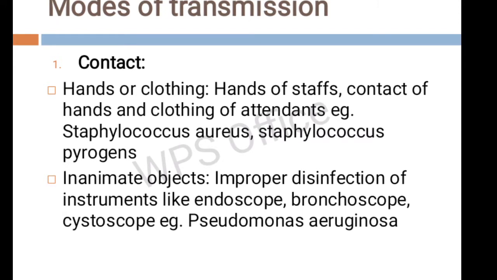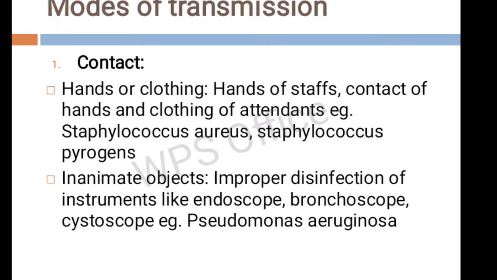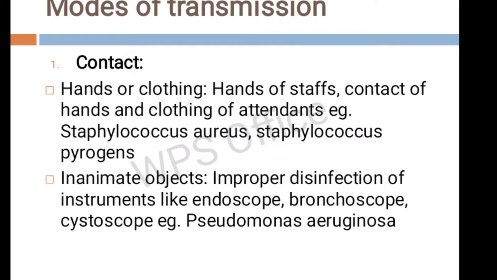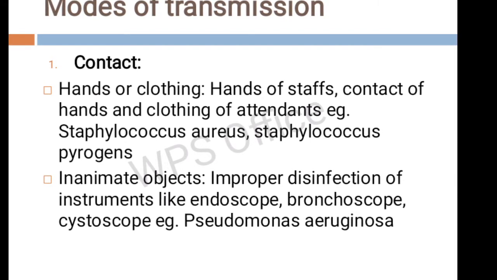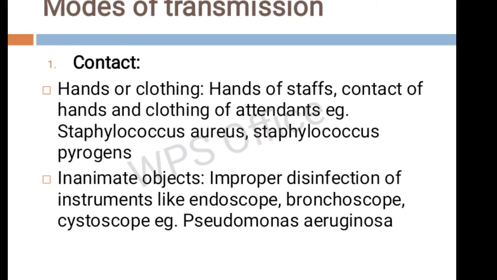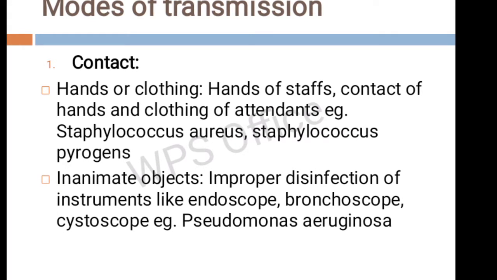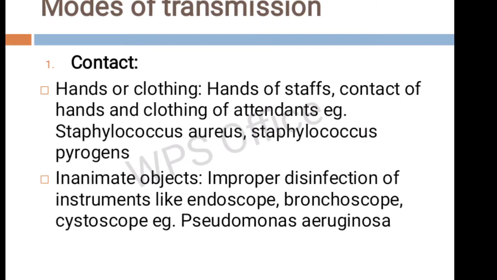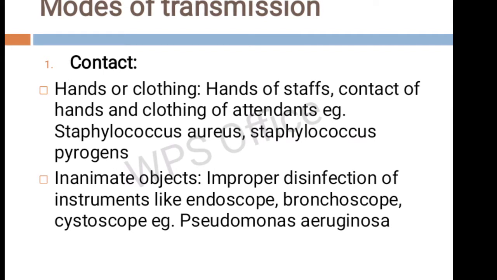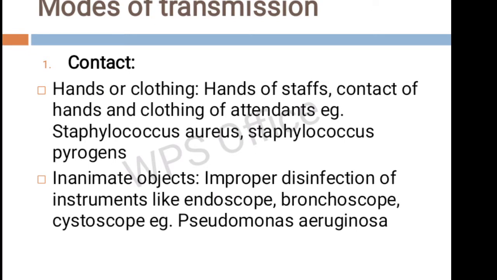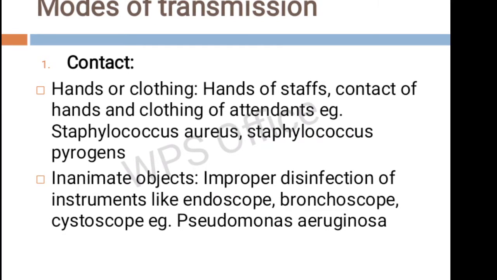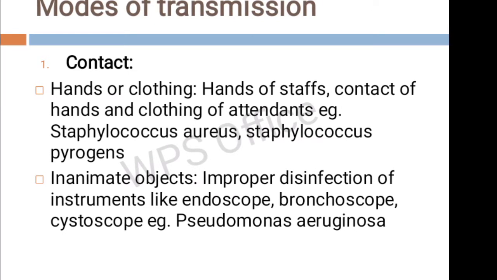These are objects like improperly disinfected instruments such as the endoscope, bronchoscope, while doing endoscopy. After doing the endoscopy, if the instrument is not washed or sterilized properly, then bacteria or virus may attach to the instruments and cause the infection.